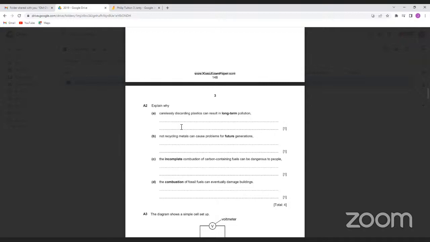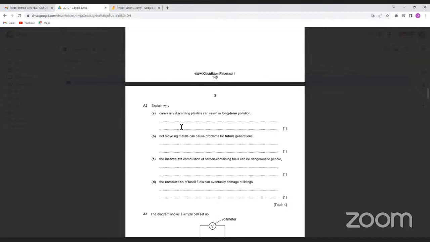Now, let's talk about B. What's the idea here? Why you should not recycle metal, right? Try to understand the issue. The issue is not something you memorize, it's something you understand.